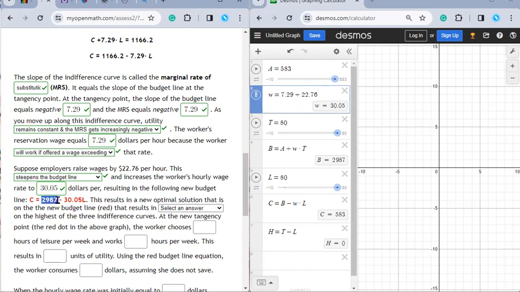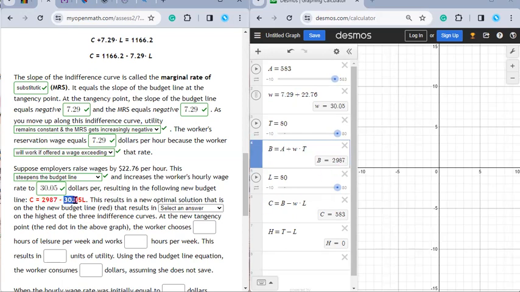Why is this 2987? Well, we have the new wage of 30.05. We're multiplying that new wage by 80, the amount budgeted for leisure or labor, and then our allowance is held constant at 583, ceteris paribus. So the intercept here is this 2987.